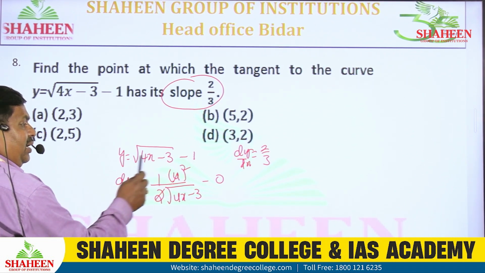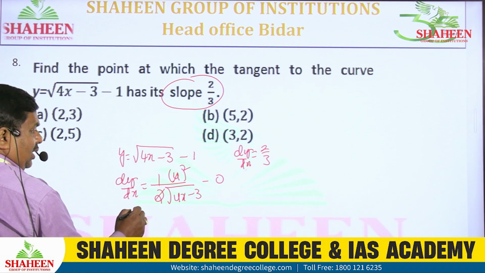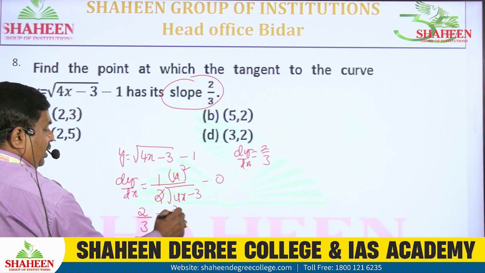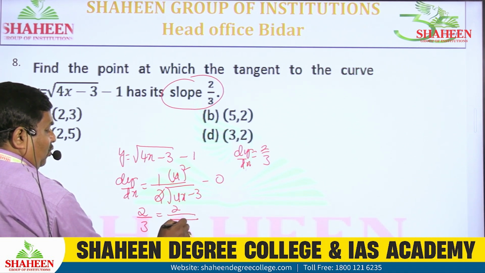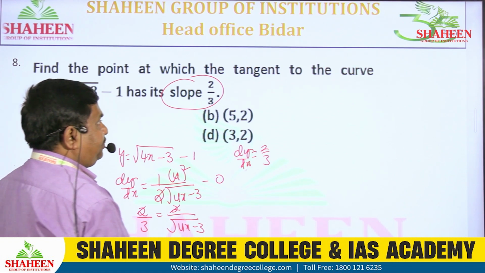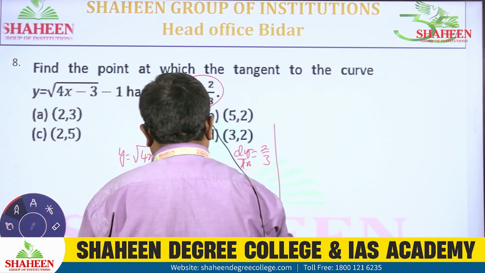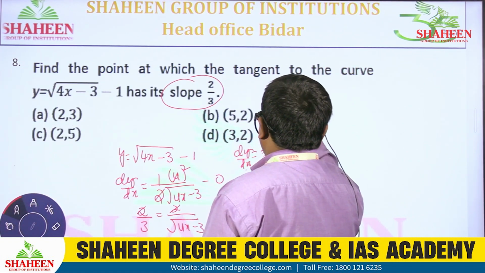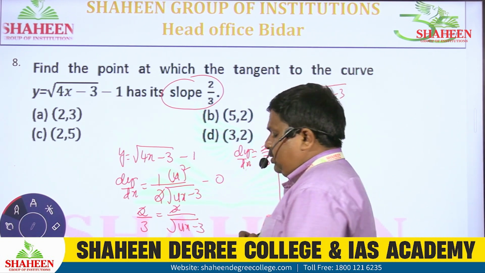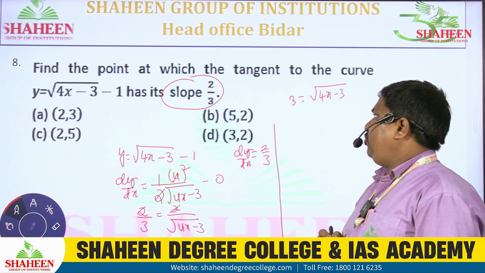Next, dy by dx is given as 2 by 3. So 2 by 3 is equal to 2 divided by under root 4x minus 3. This 2 cancels. What is remaining is 3 equals under root 4x minus 3.